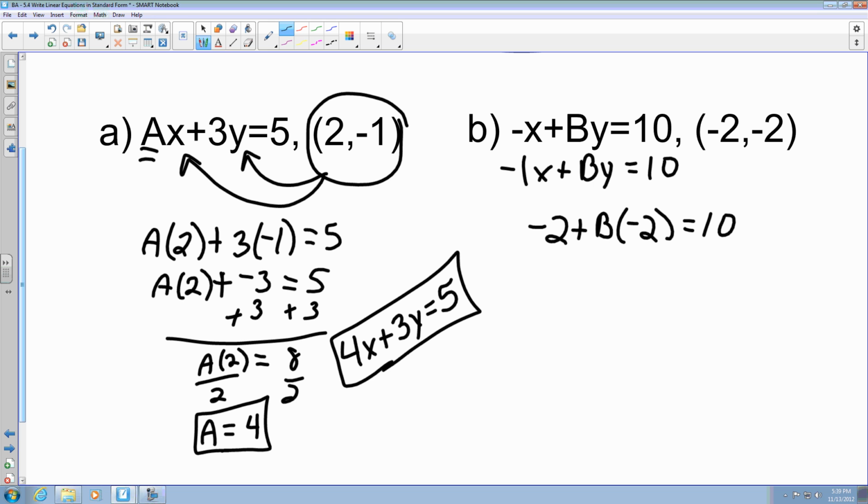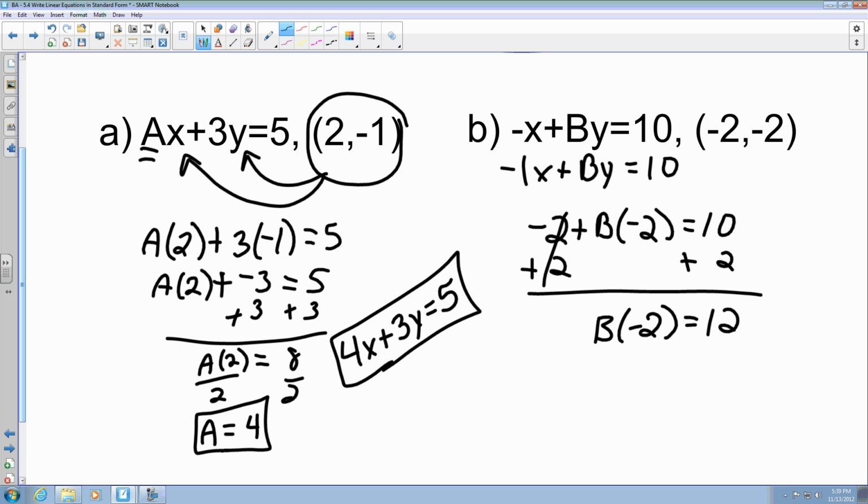First, we're going to solve for b. The first thing we'll do is add 2 to both sides, which cancel each other out, so b times -2 equals 12. The last thing we have to do is divide both sides by -2, which gives b equals -6.